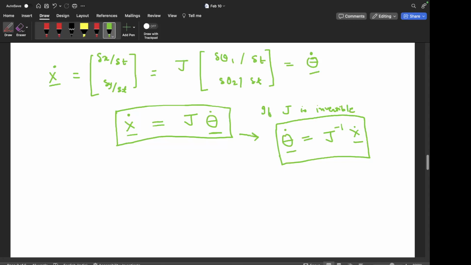You have to do it just once. Once you have the closed form expression of the Jacobian matrix, you just evaluate it at the joint angles, whatever configuration the manipulator is currently at, and you will directly get the end effector velocities from the joint rates.